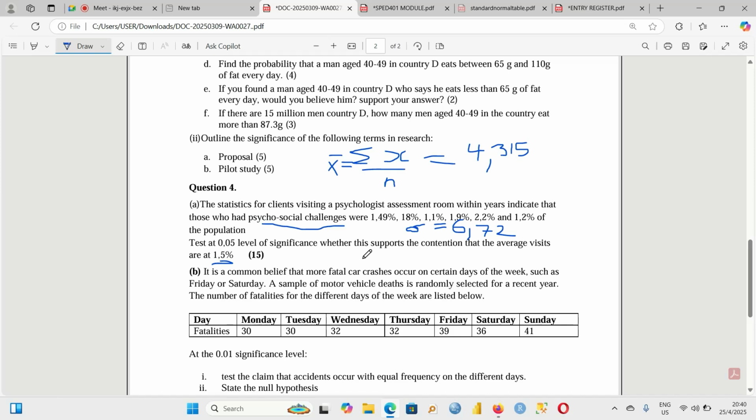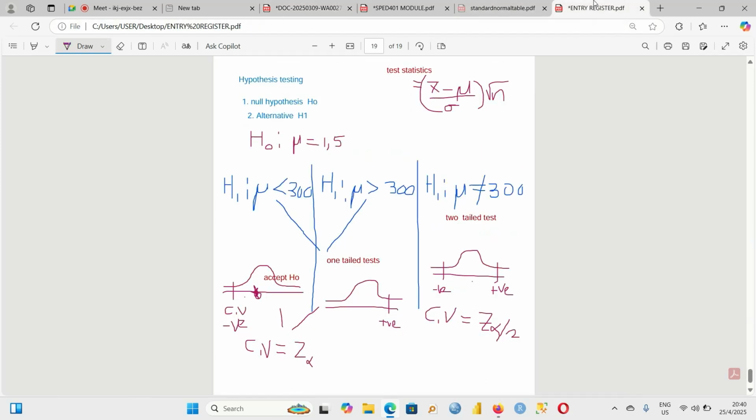We were only told to test at the 5%, 0.05 level whether this supports the claim that the average visits are 1.5. We have no keyword like less or greater, so our H1 is that mu is not equal to 1.5. So this is our test.